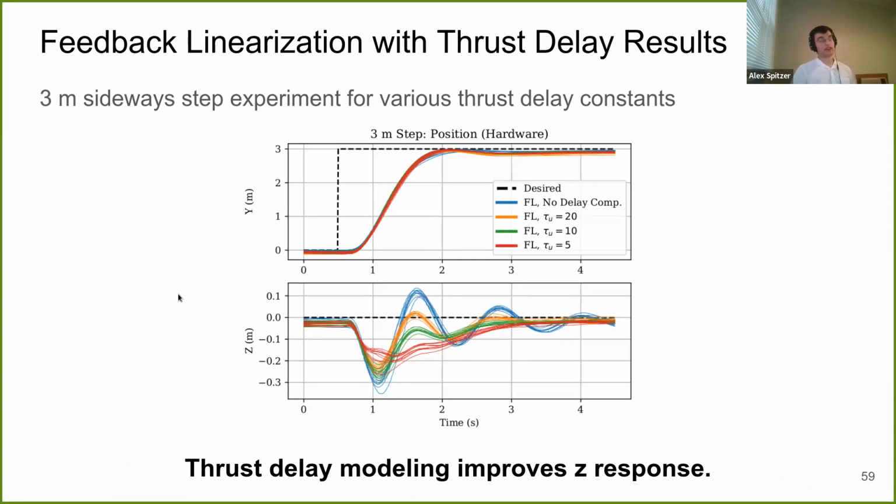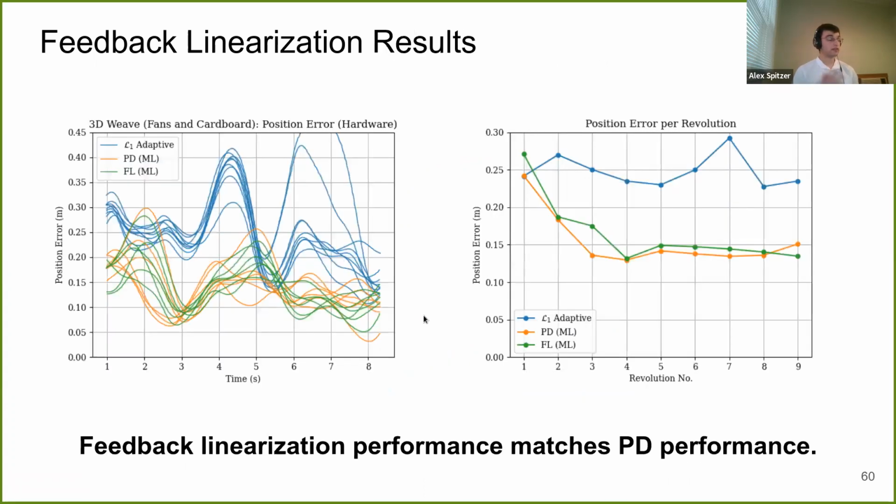So this thrust delay modeling improves the Z response. And to answer our earlier question, can we make feedback linearization viable? Can we make it comparable to PD? The answer is yes. We get similar error when using feedback linearization as when using PD. And that makes sense considering what we talked about in the beginning of the presentation, because this error really is a function of the accuracy of your feed-forward model and not the particular feedback that you're using.